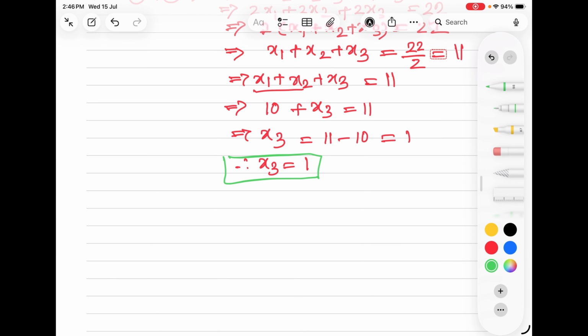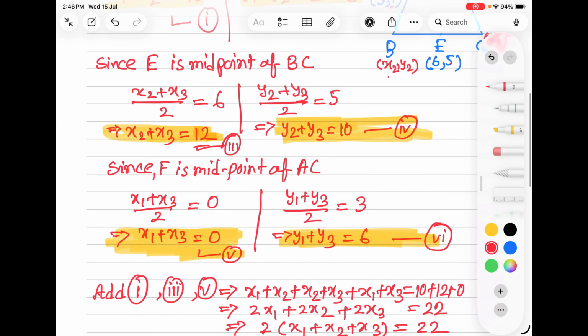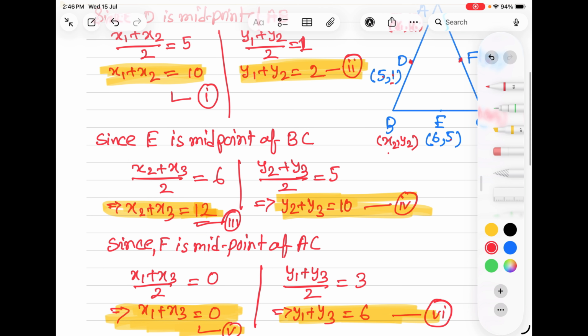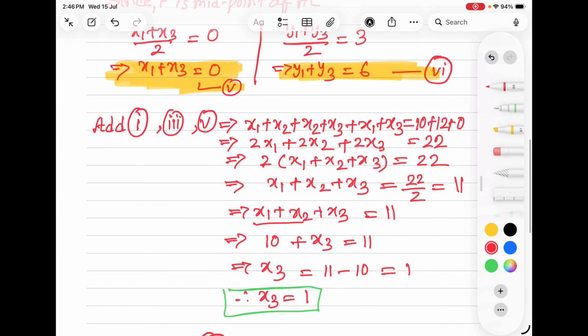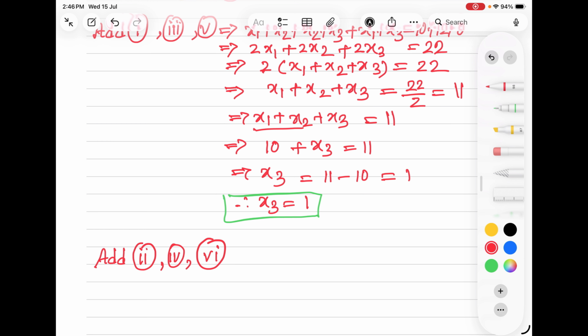Similarly, you can add equation number 2, 4 and 6, the y part only. In equation number 2, y1 plus y2 equals 2. Only add the left hand side of these 3 equations.